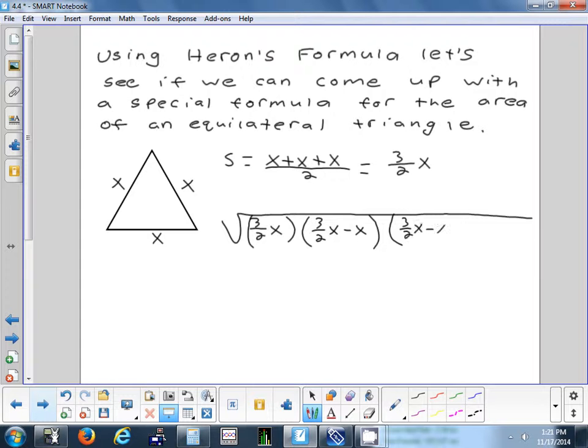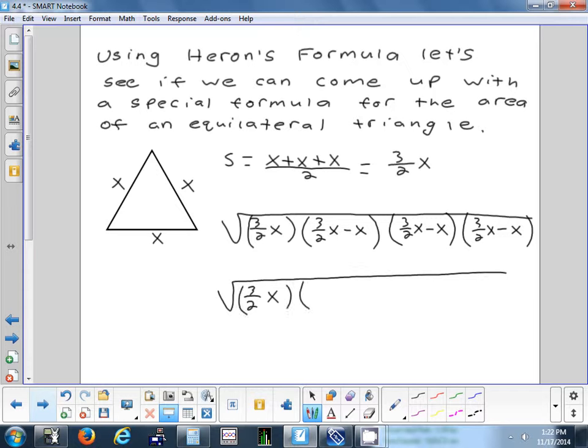Semi-perimeter minus another side. And then one more time, semi-perimeter minus another side. So for now, just keep the 3/2 x in front. You can't really do much with it. But each one of those simplifies to the same thing. It's 3/2 x, take away 1x.